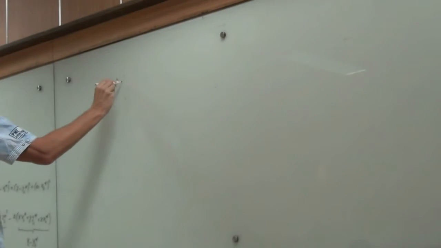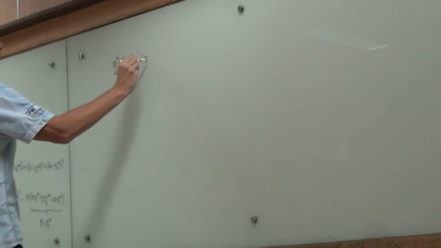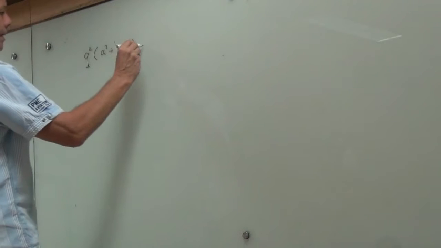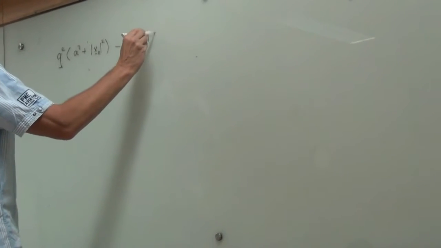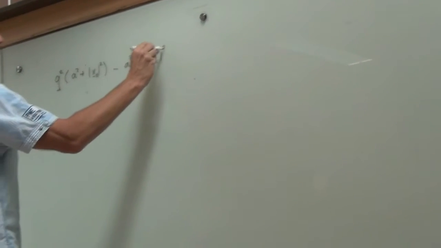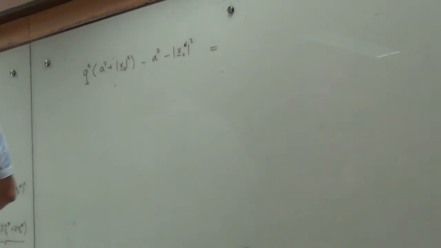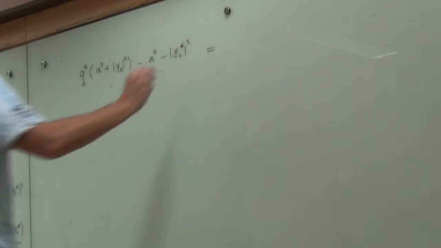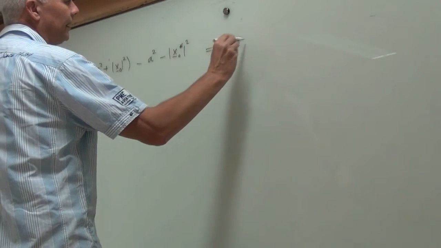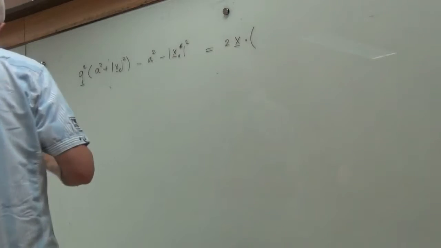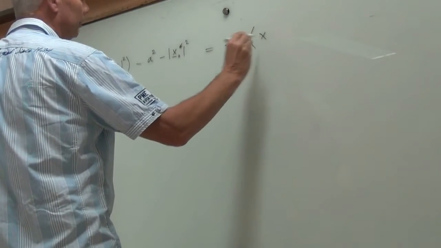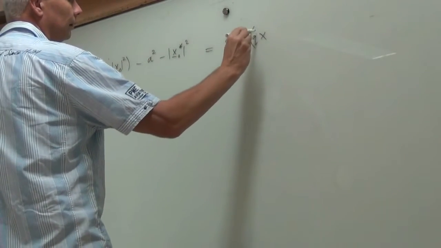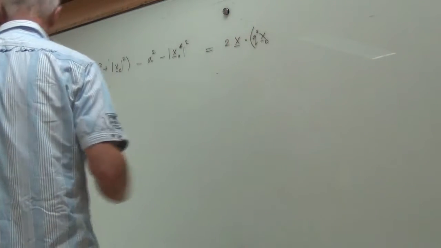I will get q squared times a squared plus x naught squared, that's this term. Then I take this to the other side, so I get minus a squared minus x0 star squared. And on the other side I will have my x dependent term, so if I take that to the other side I will get 2 times x inner product with... There's a q squared also.